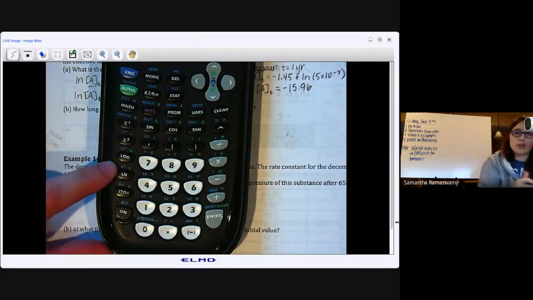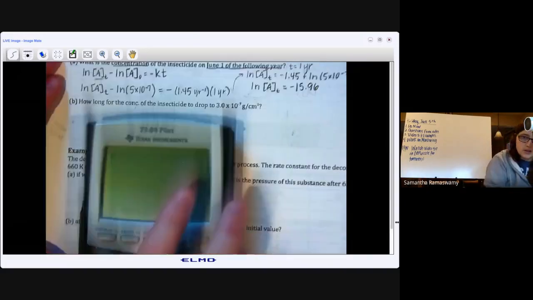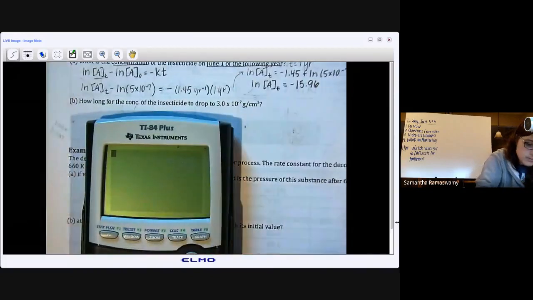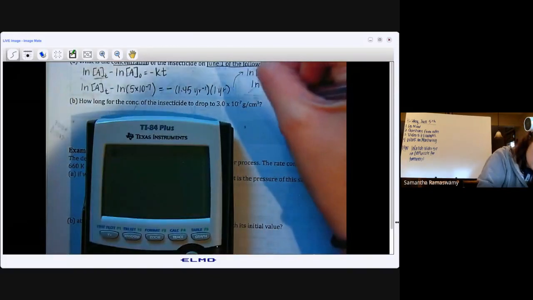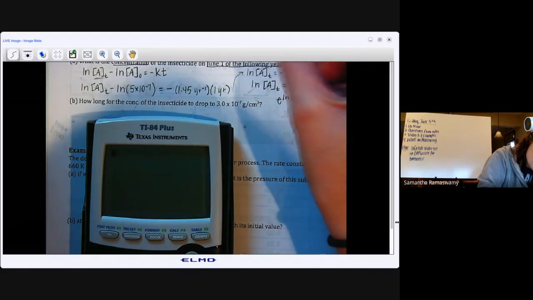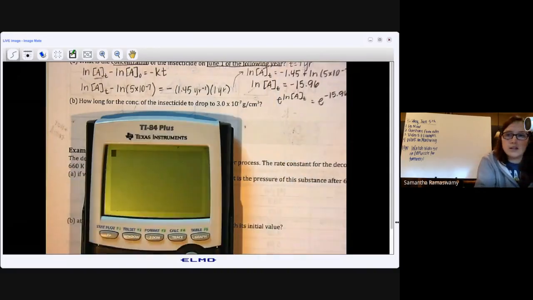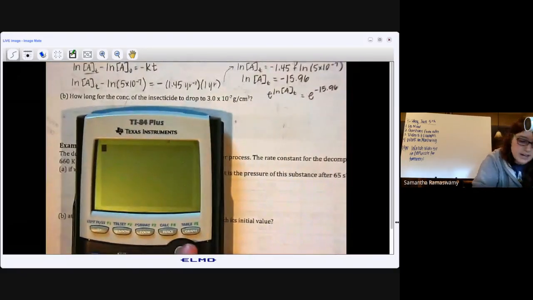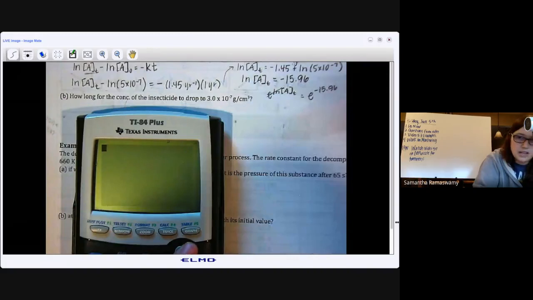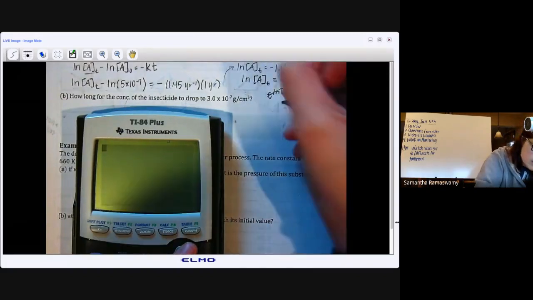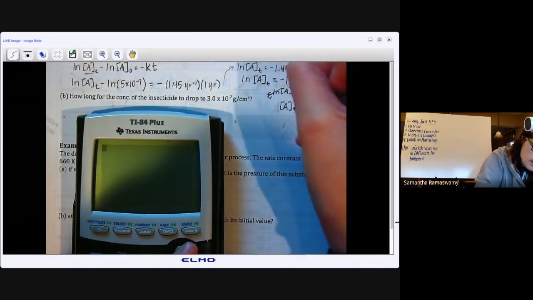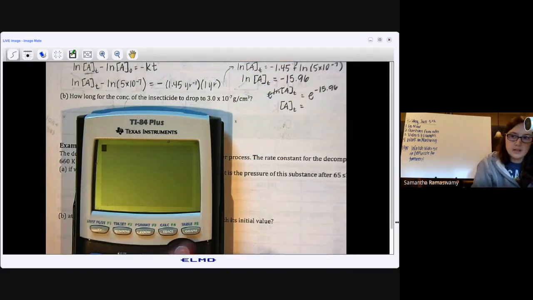That is the inverse log. So if I do e to the ln a, I have to do it to the other side, e to the negative 15.96. And when I do that, e to the ln cancels. And I get the concentration of A after some time.